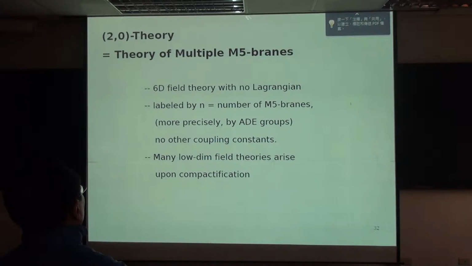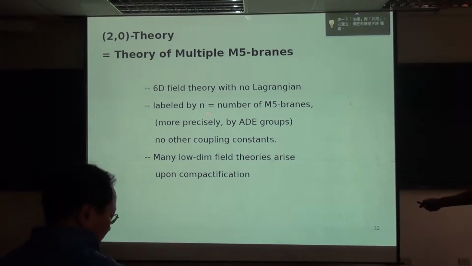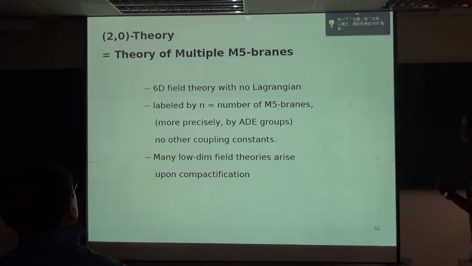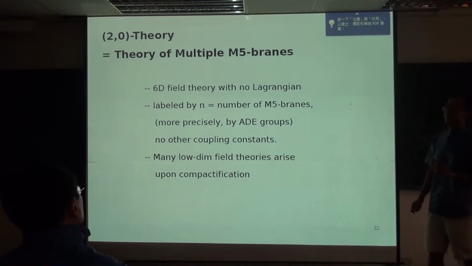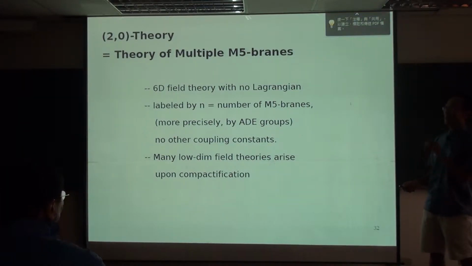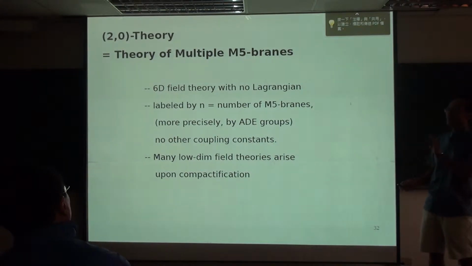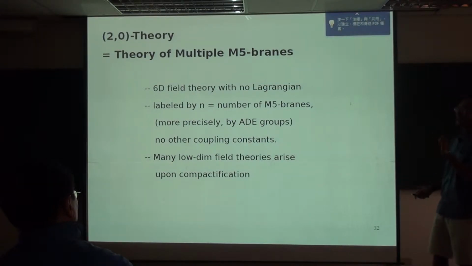For example, if N equals 1, just a single M5 brane, on the world volume of a single M5 brane, we know that there exists a self-dual two-form potential gauge theory, with the three-form field strength as its derivative, and the three-form field strength has to be self-dual. So for a self-dual theory, the coupling has to be chosen at the self-dual value. Yeah, so.